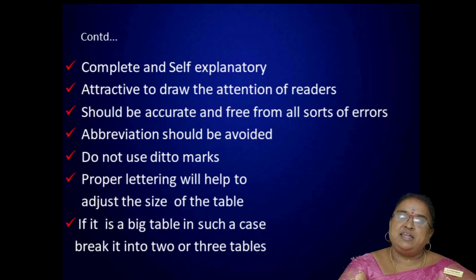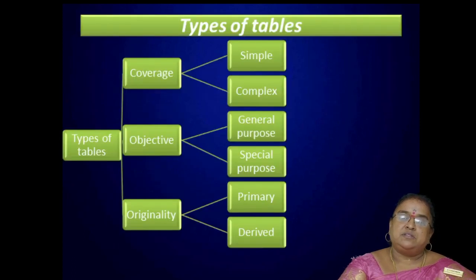Then proper lettering will help to adjust the size of the table. If we have a big heading, then for the subheading we have to reduce the size of the letters. If the table is big, in such cases we have to break it into 2 or 3 tables. Then types of table.